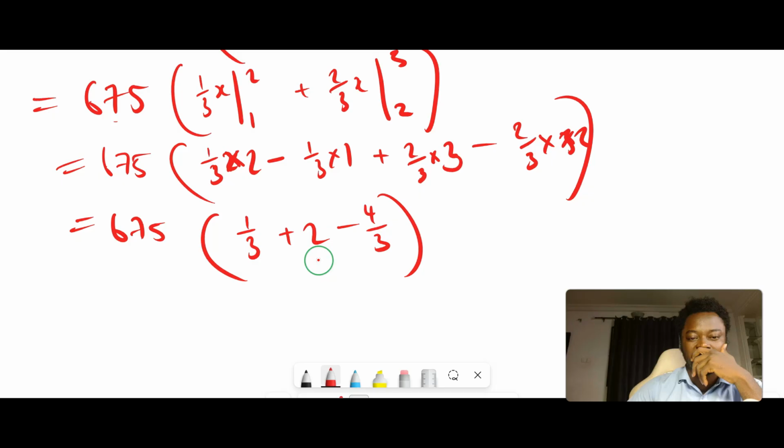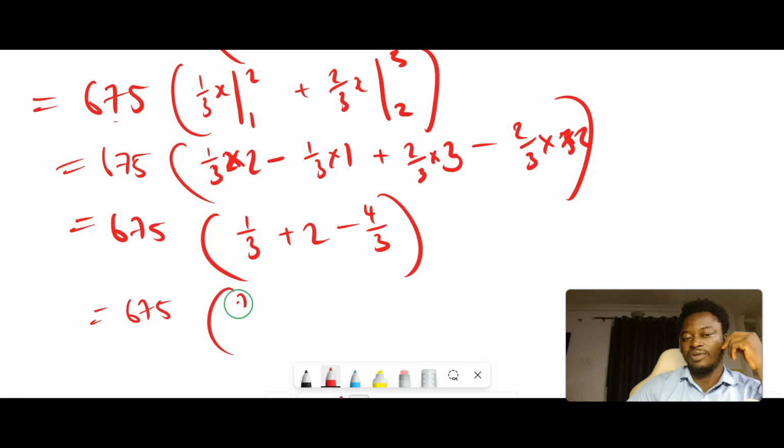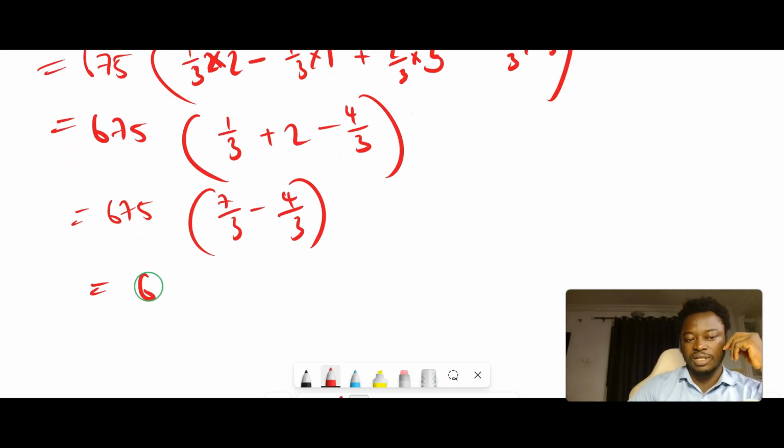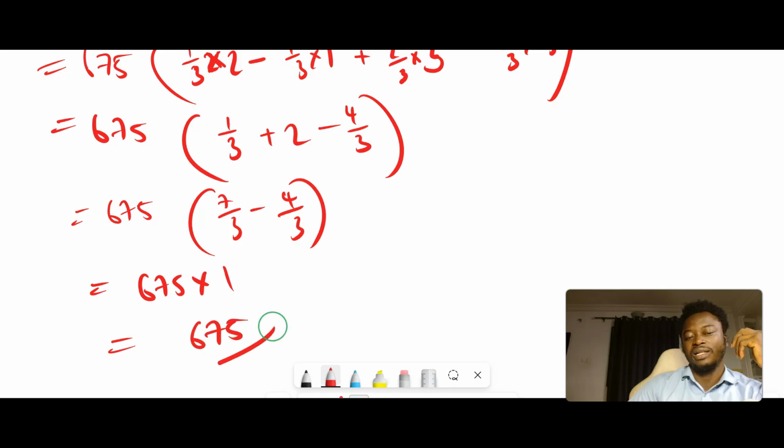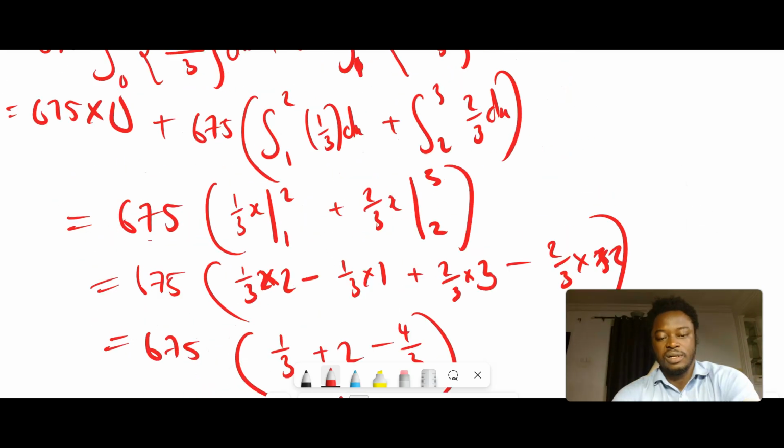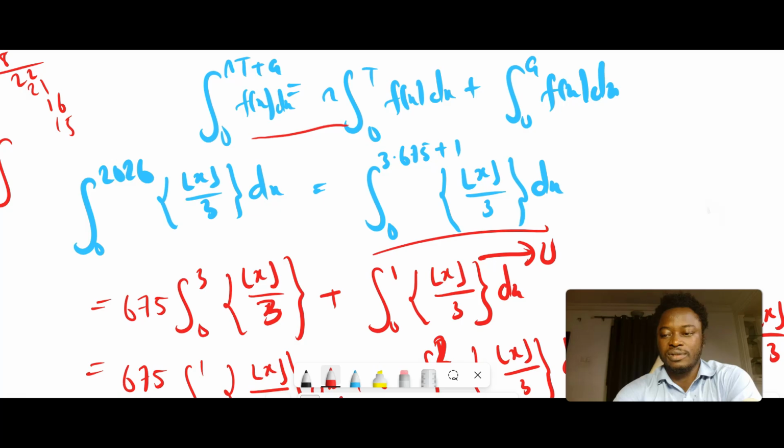So that should be 6 plus 1, that should be 7/3, minus 4/3. So that would be 675 times 1, which is 675. So the answer is 675, and that should be that for that.